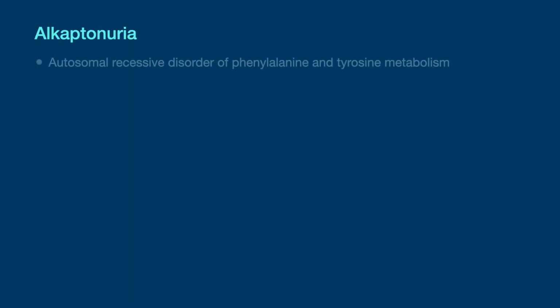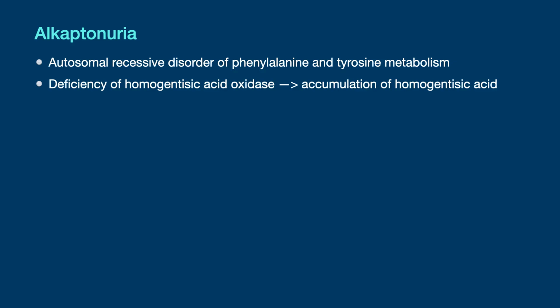Alkaptonuria is an autosomal recessive disorder of phenylalanine and tyrosine metabolism, caused by a deficiency of homogentisic acid oxidase responsible for the degradation of homogentisic acid produced from phenylalanine and tyrosine.